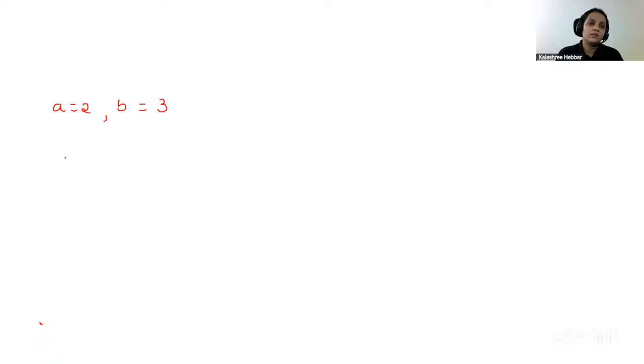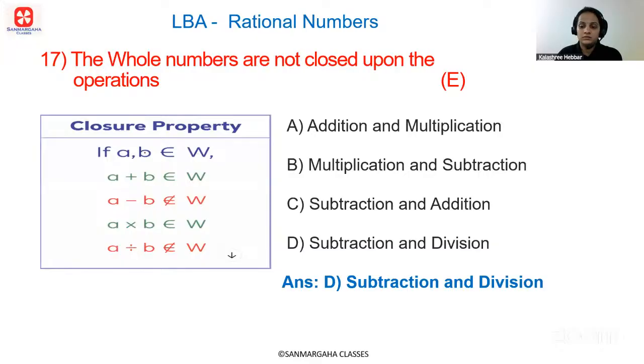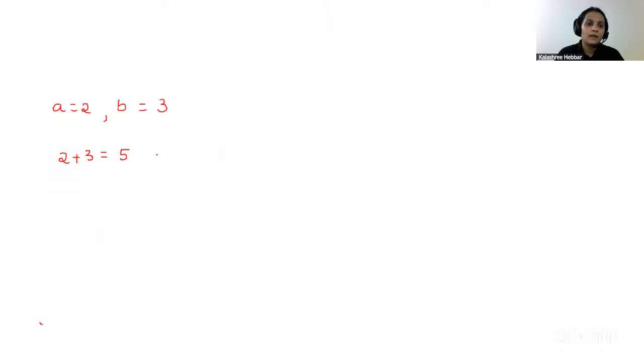For example, take a as 2 and b as 3. Addition: 2 plus 3 is equal to 5, which belongs to whole numbers. Next, subtraction: 2 minus 3 is equal to minus 1, which does not belong to whole numbers.